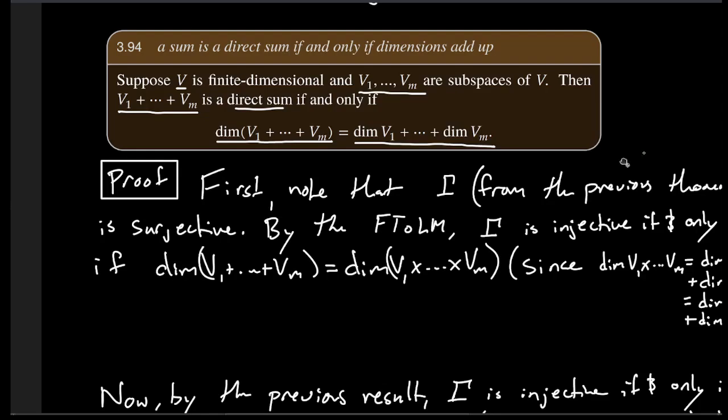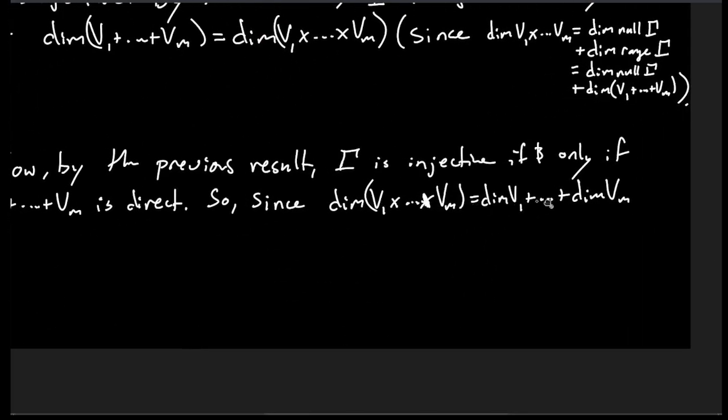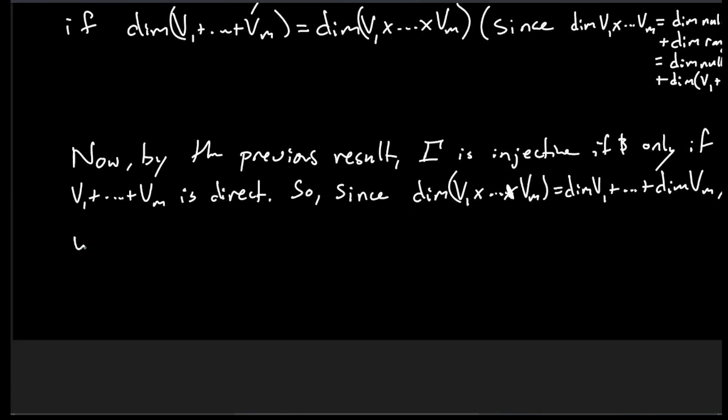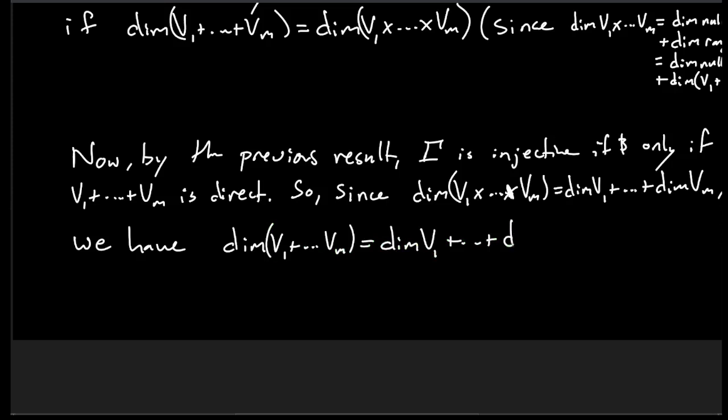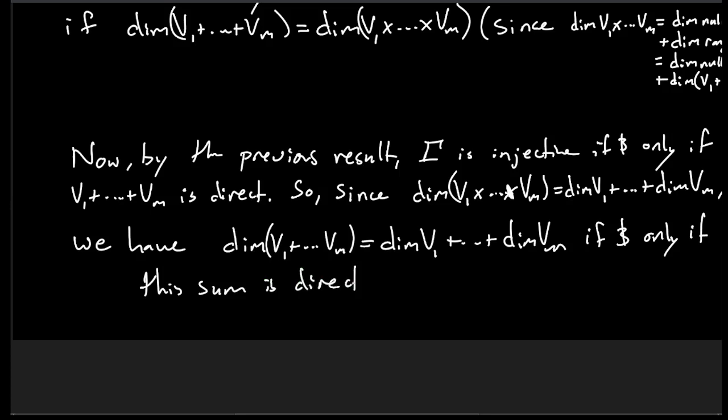So dimension of the product is equal to the sum of dimensions. We have the dimension of the sum is equal to the sum of the dimensions of V1 through Vm if and only if this sum is direct.